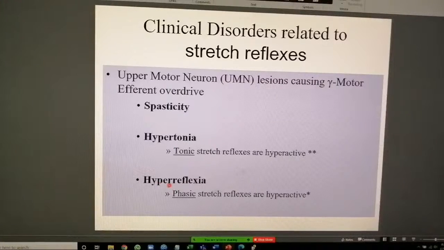Same is the case with hyperreflexia. You have reflexes which, after clinical experience, and in your case at the moment after watching lots of YouTube videos on reflexes, you will get a sense of what normal reflexes are.